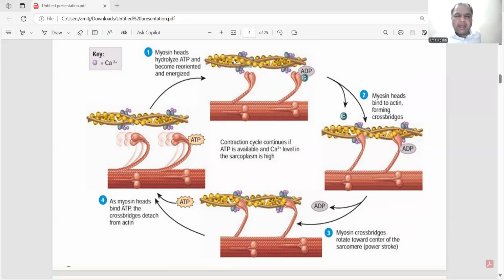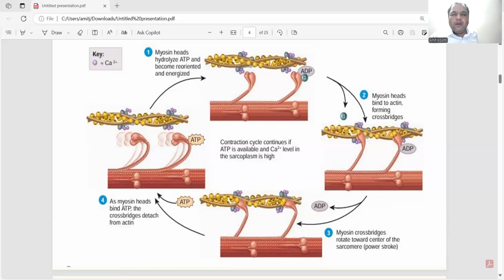To remain in position, these tropomyosin molecules are held by other molecules called the troponin molecules. This gray color is the troponin molecule.